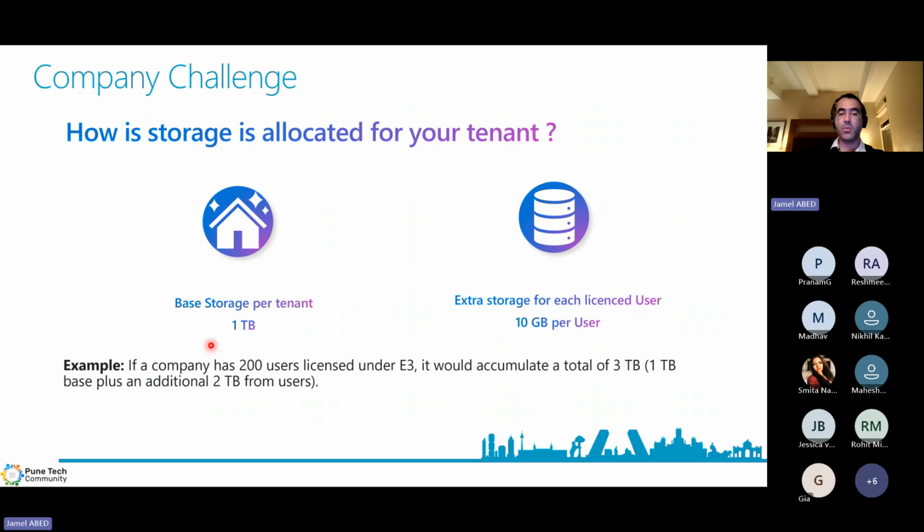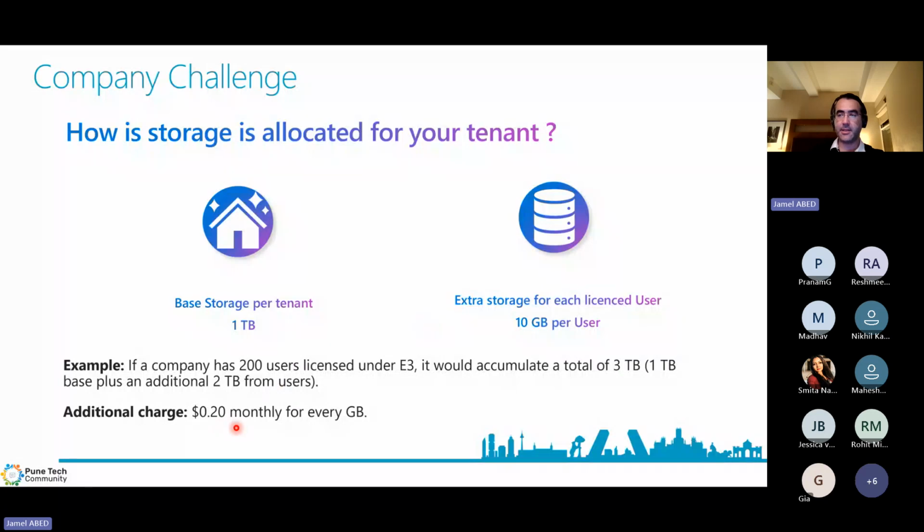That means when a company has 200 users licensed under E3, you will have 3 TB for free: 1 TB from the tenant and 2 TB from licensed users.